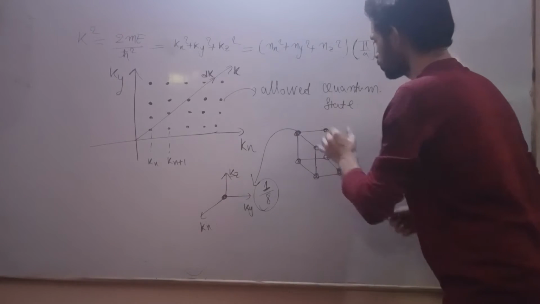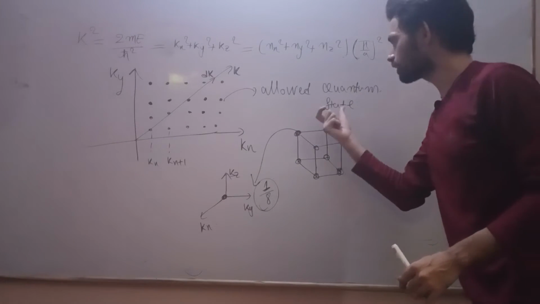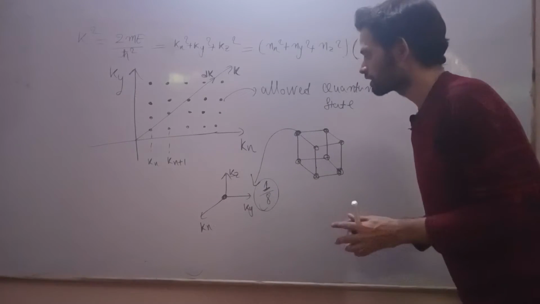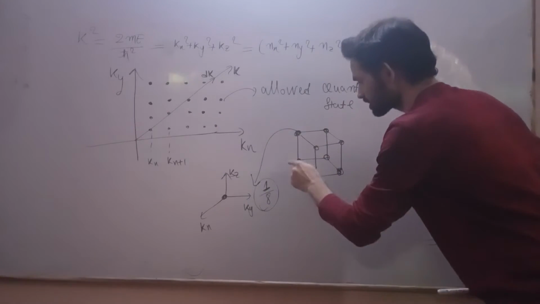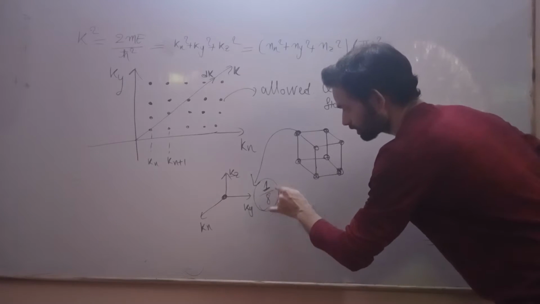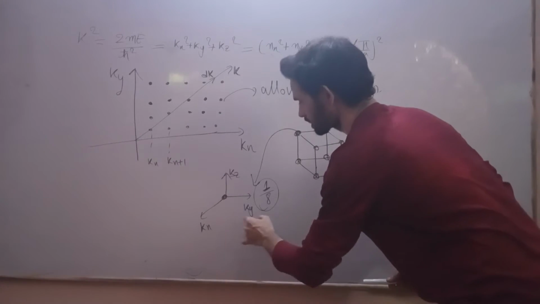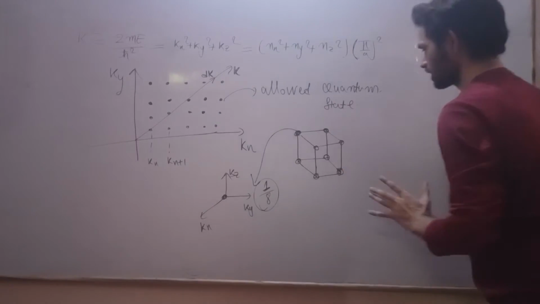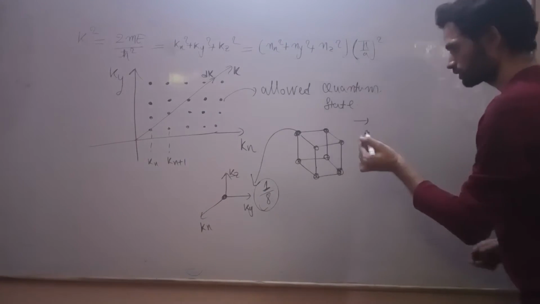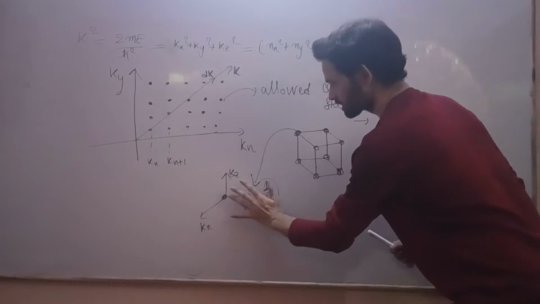So therefore the density of allowed quantum states is determined by considering only 1/8 of the positive values of kx, ky, kz. Now see here, the distance we have calculated for single kx, ky, kz.